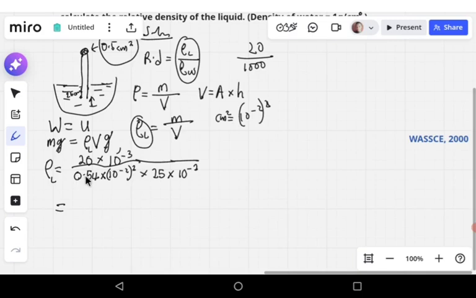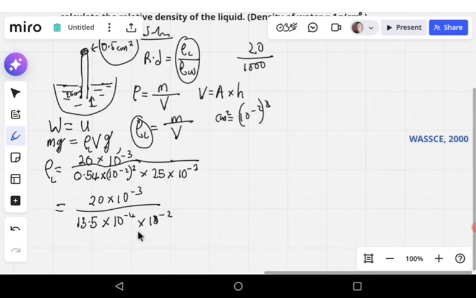I'll do 0.54 times 25. Let's maintain my 20 times 10 raised to the power minus 3. Okay, 0.54 times 25. That would be 13.5. Then times, this is 10 raised to the power of minus 4 from here, law of indices, times this 10 raised to the power of minus 2.